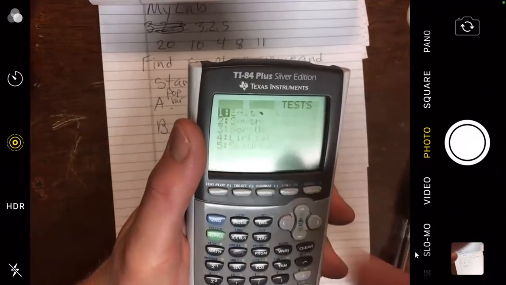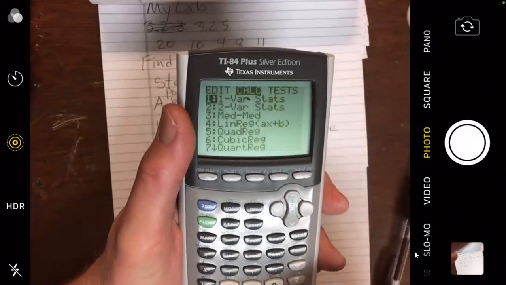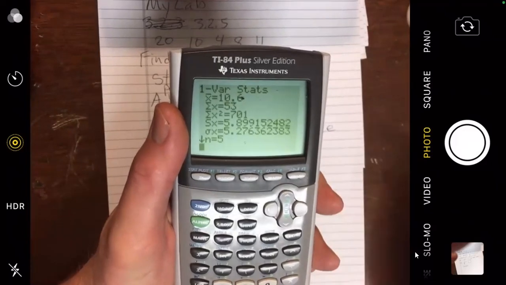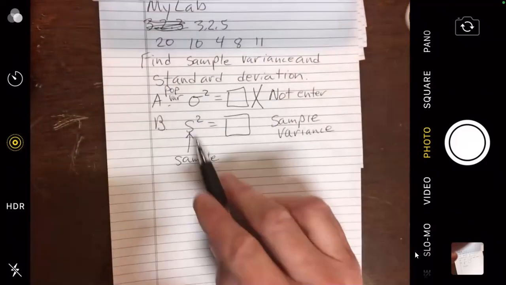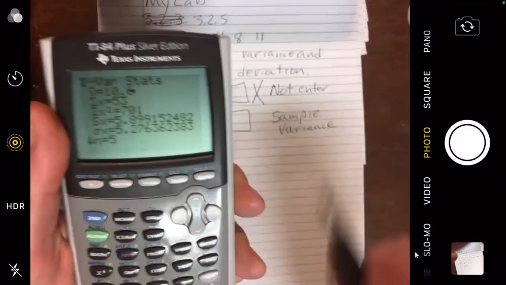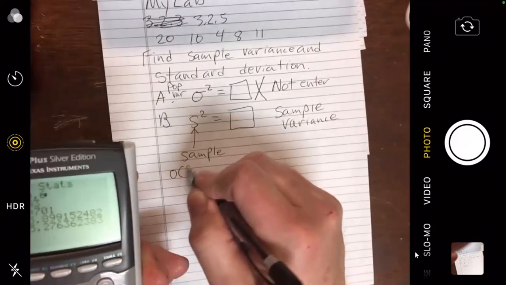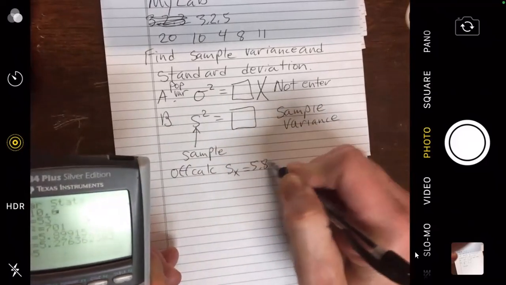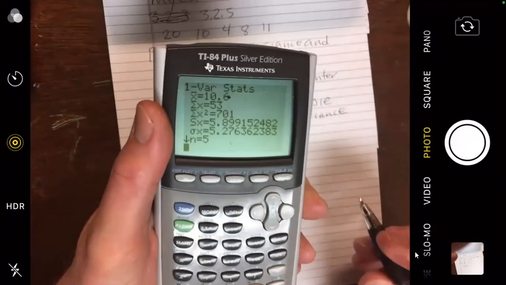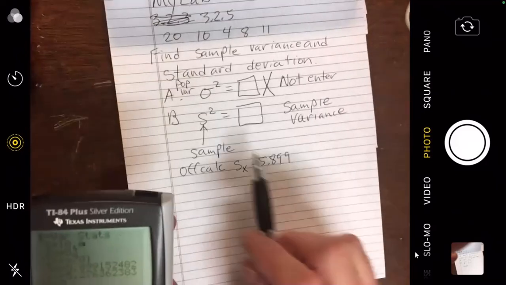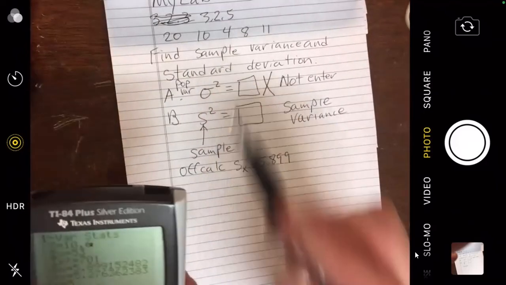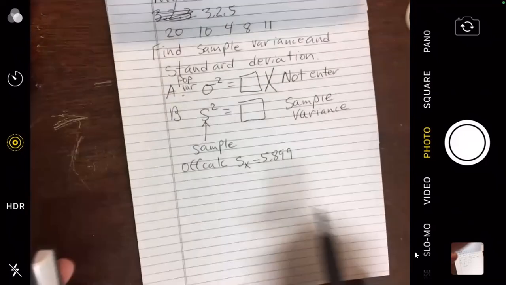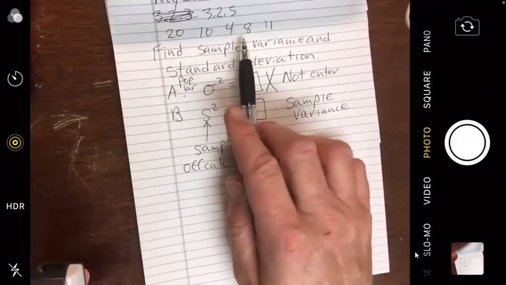Stat, calc, one variable stats, enter. Okay, remember we want a sample number, S. We get off the calculator, we get Sx equals 5.899. That is the average distance of each of these numbers from the mean. The mean happens to be 10.6, but they didn't ask for it.